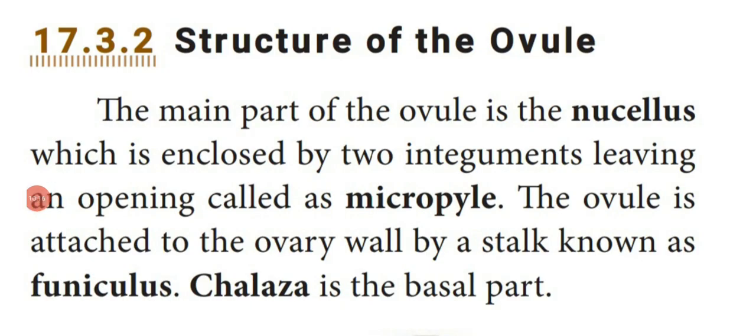Dear students, next we are going to see the important book back question and also a diagram question: the structure of the ovule. Kindly put important marks in your textbook. In this, the main part of the ovule is the nucellus.